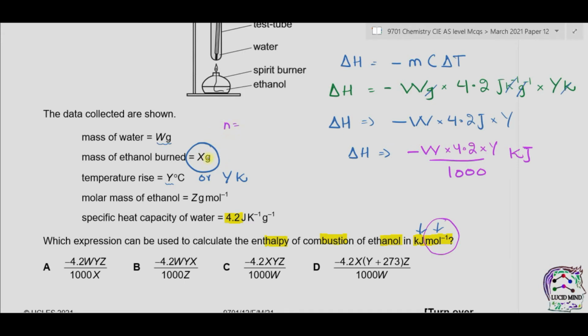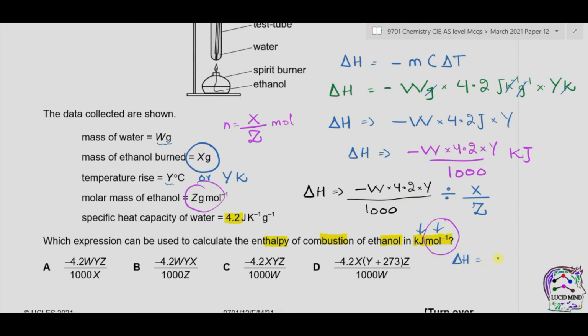The formula is number of moles is equal to mass in grams divided by molecular mass. So mass in grams is X, molecular mass is Z. So number of moles is X divided by Z. Now we can change this enthalpy change into per mole by dividing by X by Z. So we can write delta H equals minus W 4.2 Y divided by 1000 divided by number of moles which is X by Z. So now the final equation will be delta H equals minus W 4.2 Y into Z divided by 1000 into X. This is the enthalpy change of combustion of ethanol in kilojoules per mole.